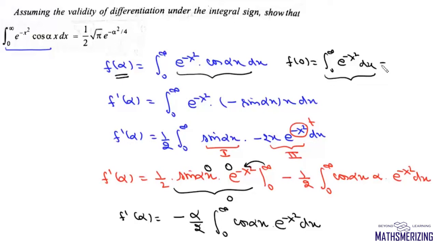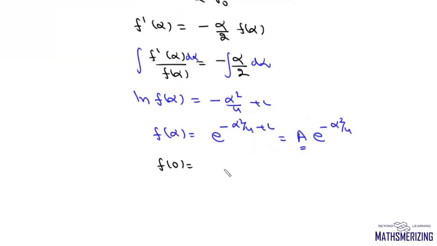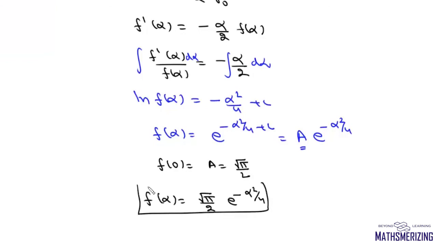So we know that the value of this integral will be simply under root of pi by 2. So when the value of alpha is 0, the value of this function is under root pi by 2. So f(0) is equal to a, and this is under root pi by 2. So the value of this integral will be under root pi by 2 e to the power minus alpha square by 4, and that is the answer we are looking for.